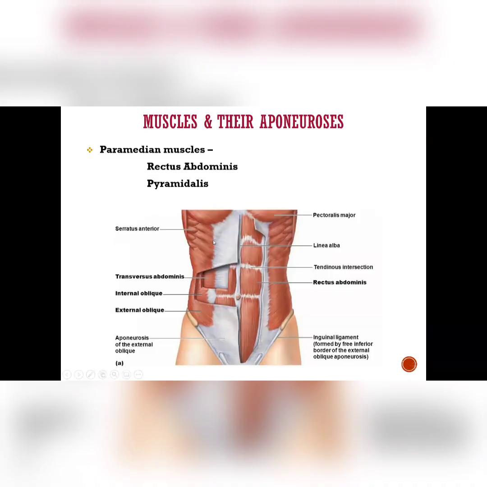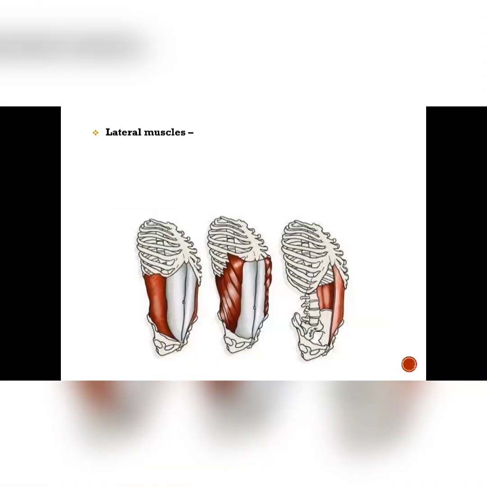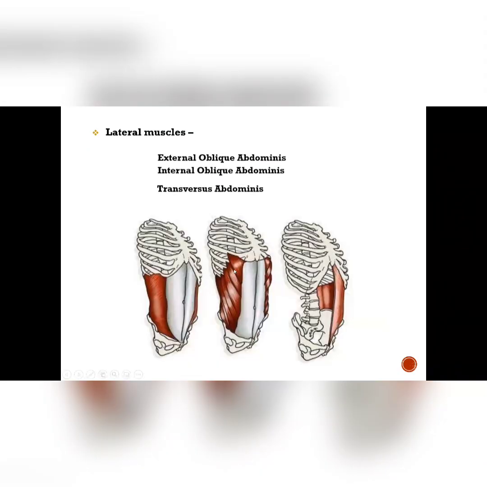When you are doing the dissection and you reflect the skin and superficial fascia and come to the layer of muscles, you can see that laterally there is external oblique muscle, and towards the midline, there is the external oblique aponeurosis. External oblique aponeurosis will cover the rectus abdominis muscle. Deeper to external oblique is the internal oblique muscle, and the deepest layer is transversus abdominis.